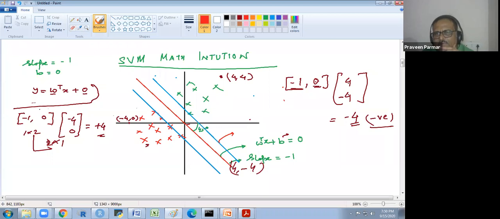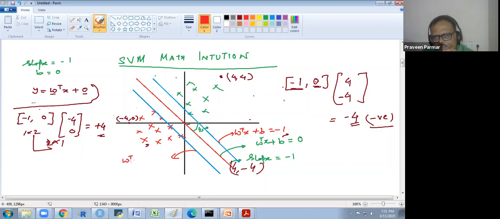For this main hyperplane, and this hyperplane, I am writing WTx plus b is equal to -1. I am taking -1 because there will be a negative, so I am taking the unit negative value here, and here I am taking a unit positive value.